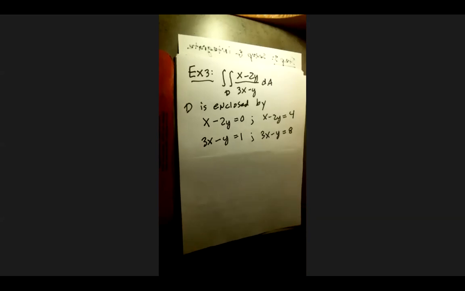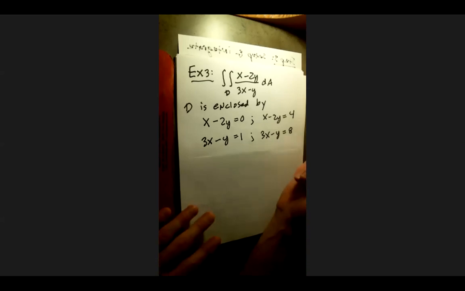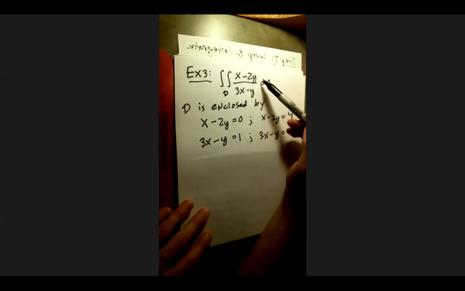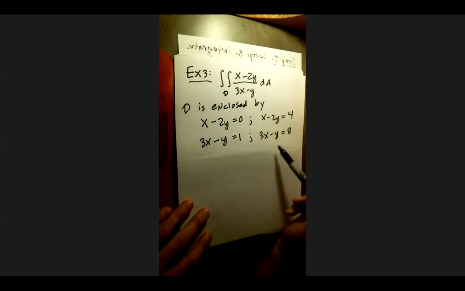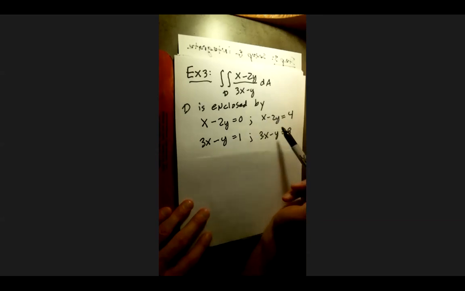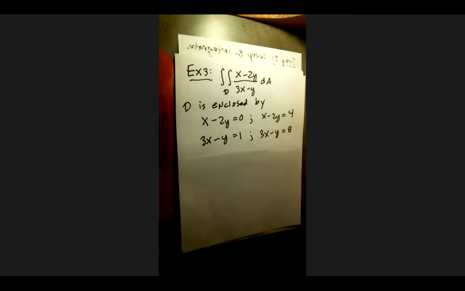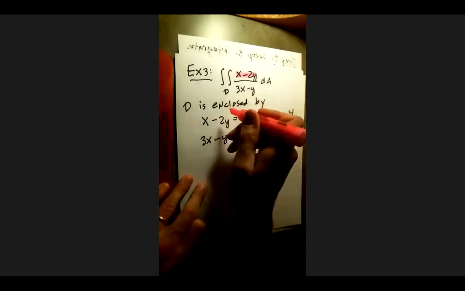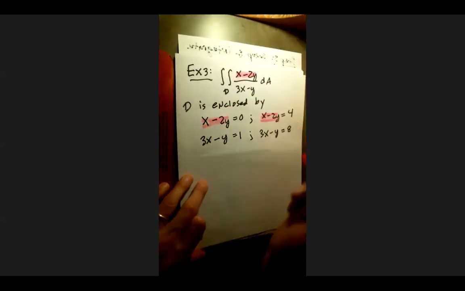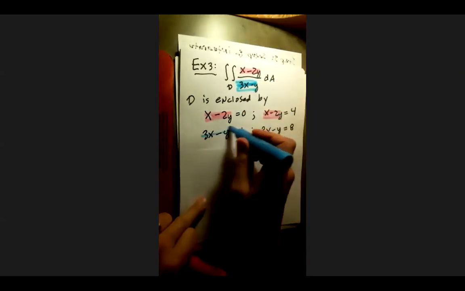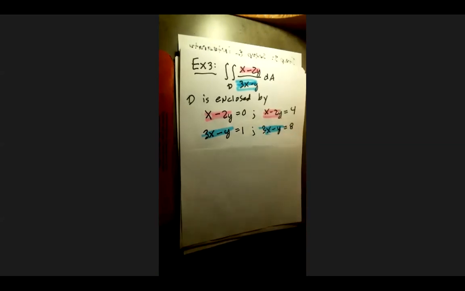Very good. So I think, or I hope, that you can look at this example 3 and start to see some of the pattern. You see that the integrand seems to match really nicely the bounds of this parallelogram that encloses our region D. And so we might notice that the numerator matches these, the denominator matches those.